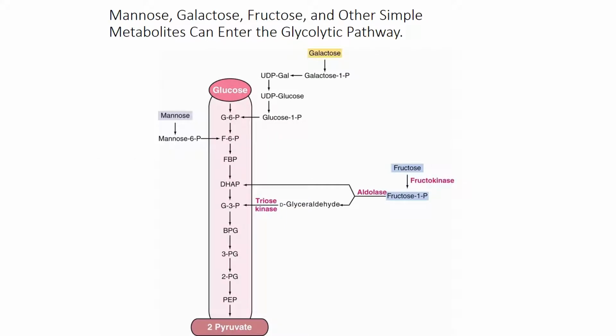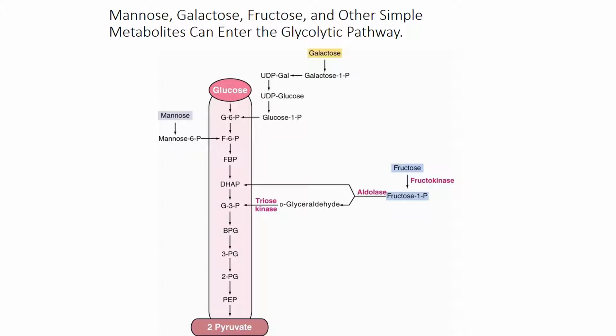So this figure shows the glycolytic pathway, and the primary substrate for that is glucose, as we have just seen. However, our typical diet contains carbohydrates other than glucose and its polymers. So for example, milk products contain lactose, which is a combination of glucose and galactose.